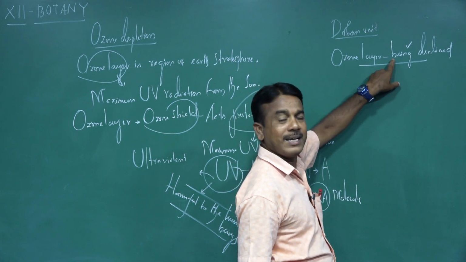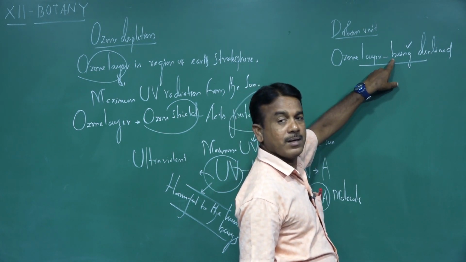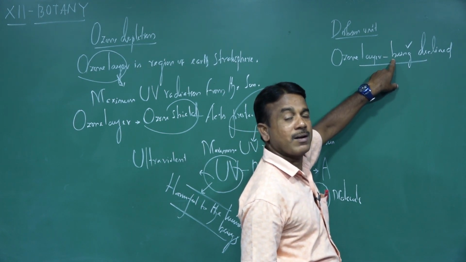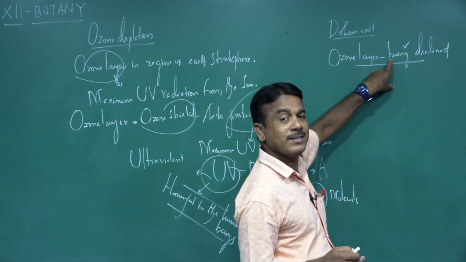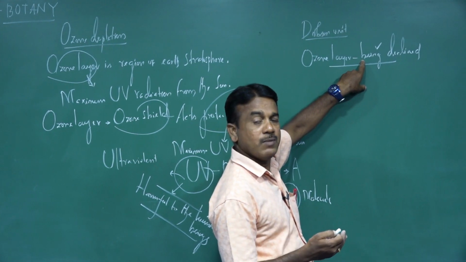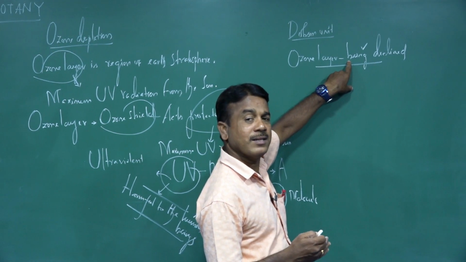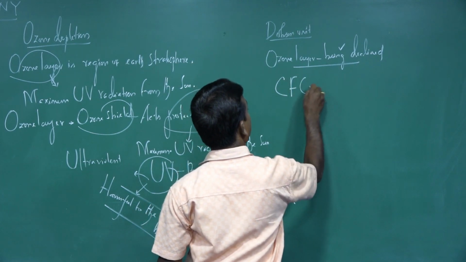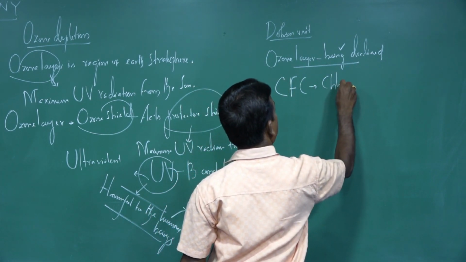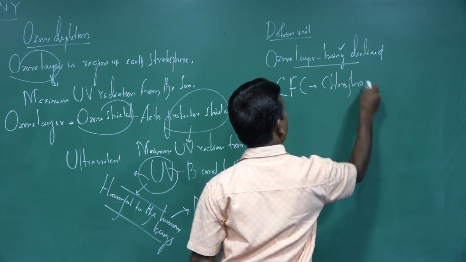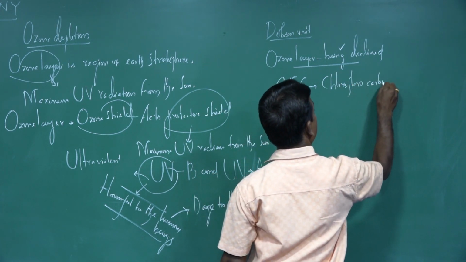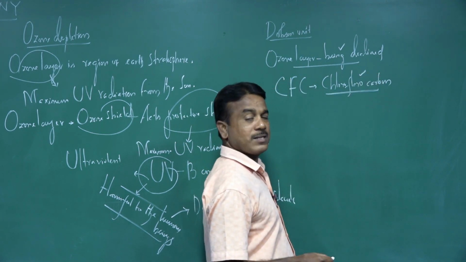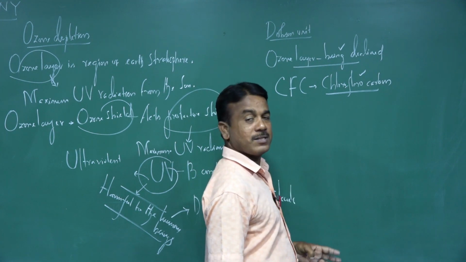The ozone layer is being declined because of some gaseous substances present on the earth, commonly called CFC. What is CFC? Chlorofluorocarbon. These are harmful, dangerous substances.